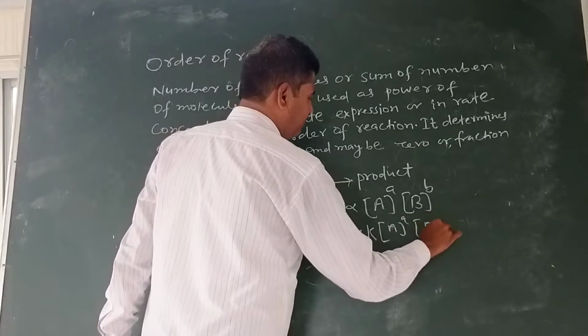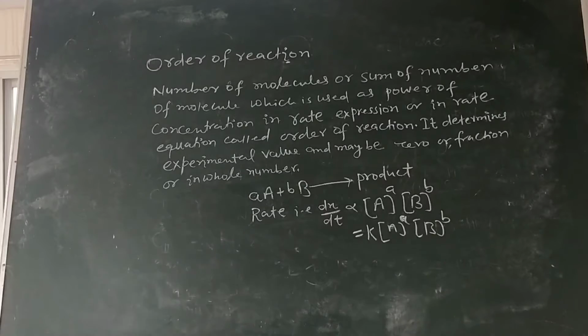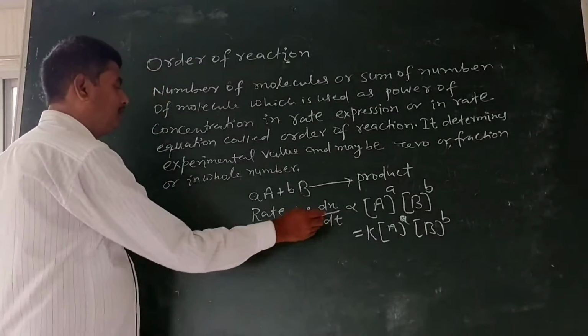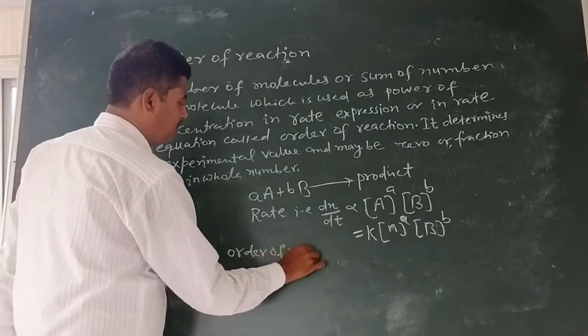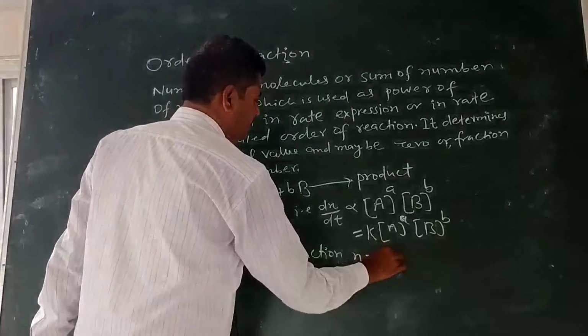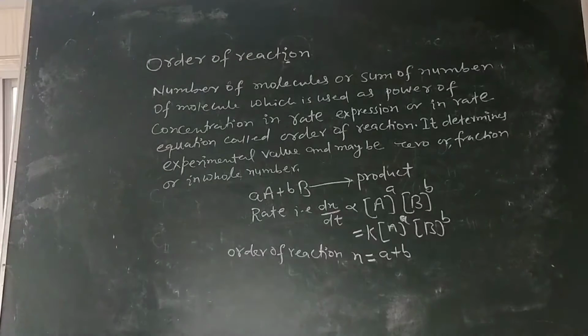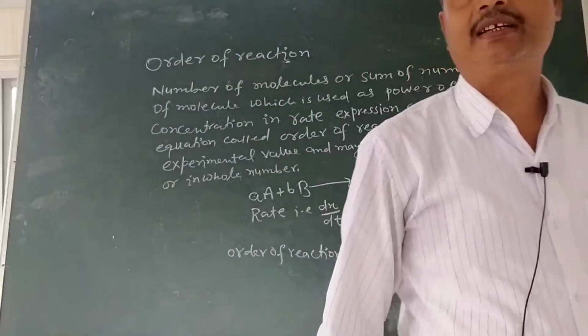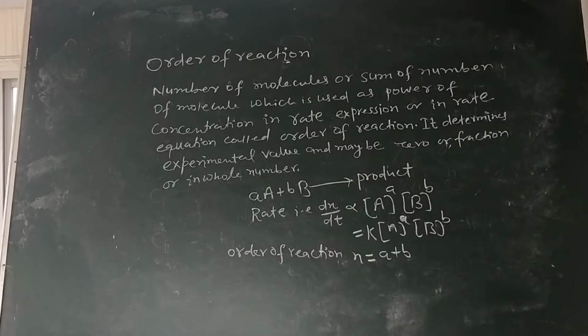So here the order of reaction n is equal to the sum of the powers of the concentrations of A plus B. On the basis of order of reaction, it is further divided into many categories like zero order reaction, first order reaction, second order reaction, third order reaction.